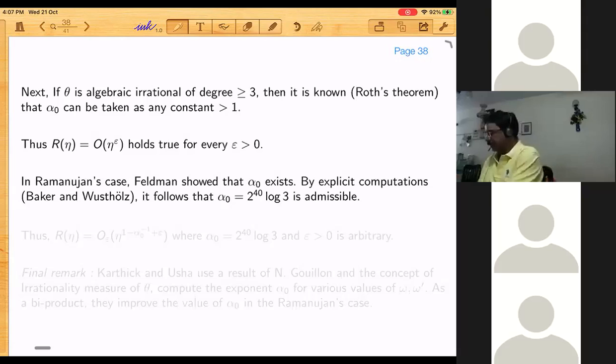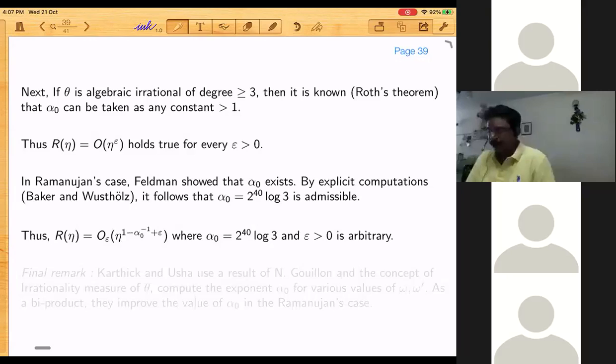This is admissible, and therefore we have this result. Namely, this is how we got alpha naught to be 2 to the power 40 times log 3.